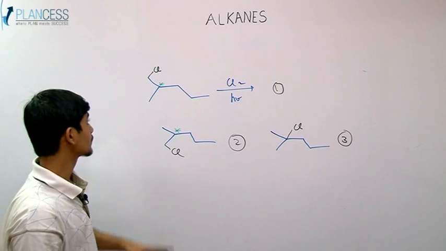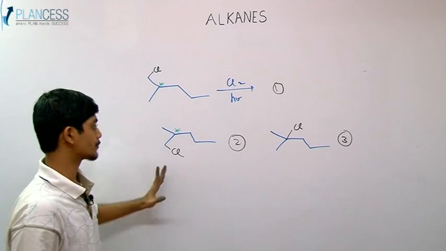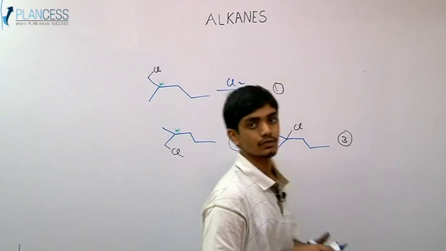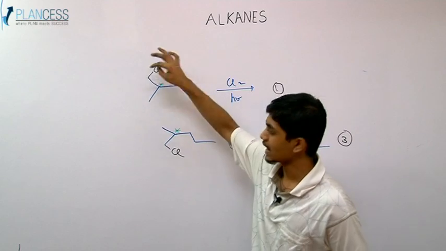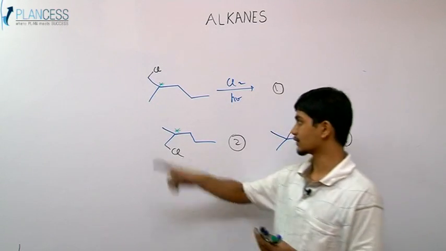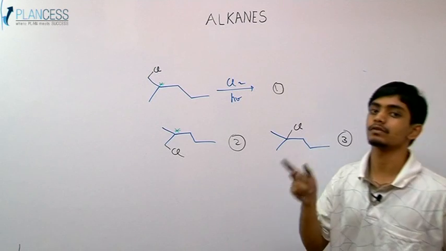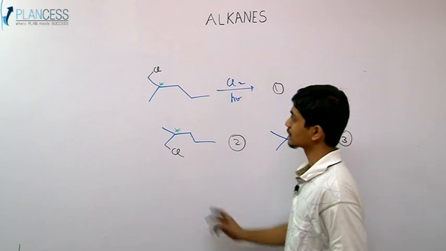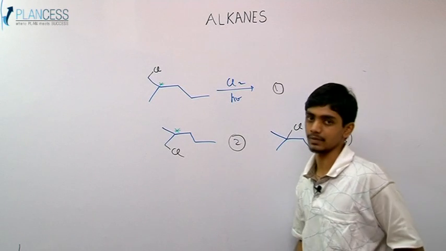Now you should ask me why I have written only one product when these two become chiral carbons. That is because we are getting these two products because of the chlorination on the adjacent carbon. If the chlorination was on this carbon, which is supposed to become optically active, then we would get the two products. Actually, when this becomes optically active, this is the enantiomer of this carbon.